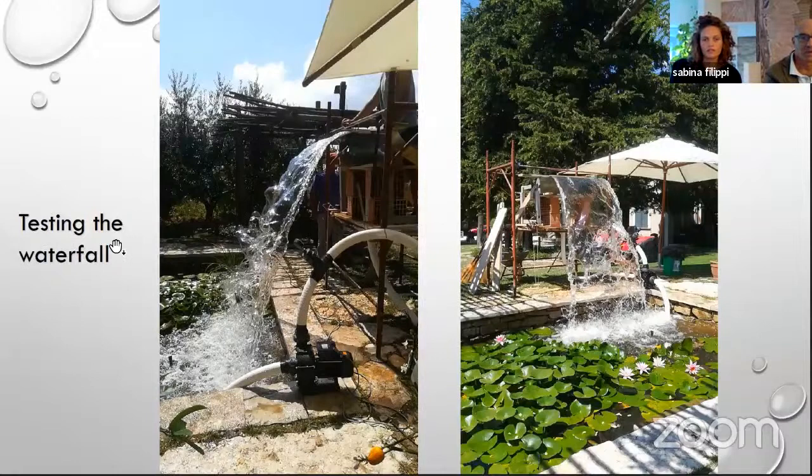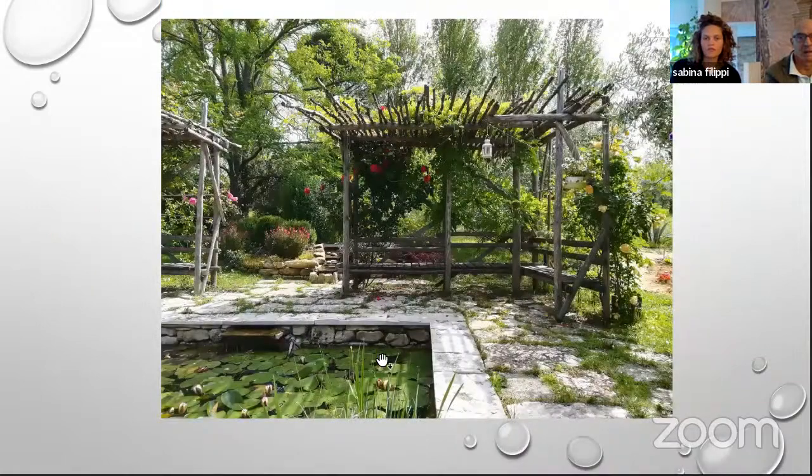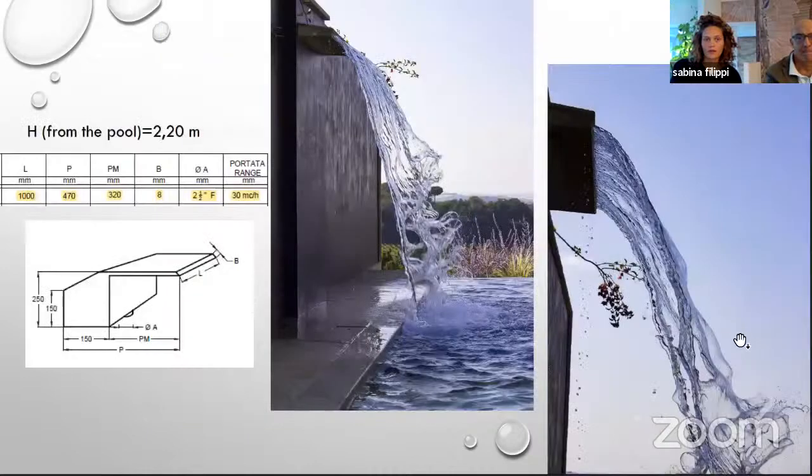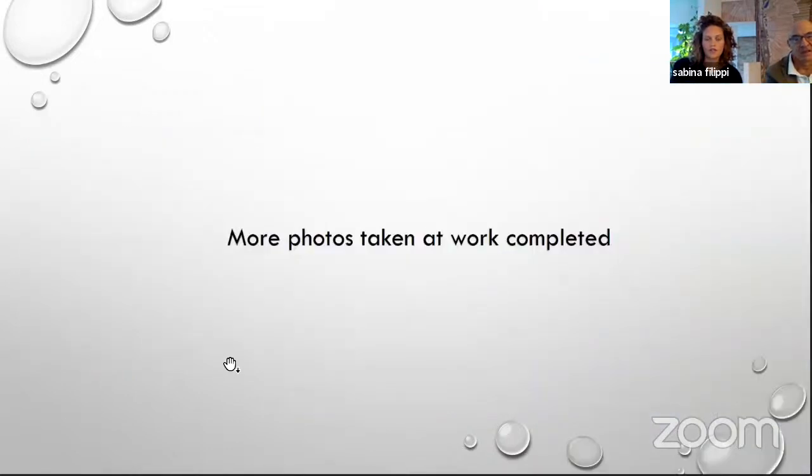This test was useful to understand the height and the power of the pump to create the waterfall. We tested the waterfall in this small pond that is in another part of the garden we designed. So here we have some images of the waterfall and some technical specifications.